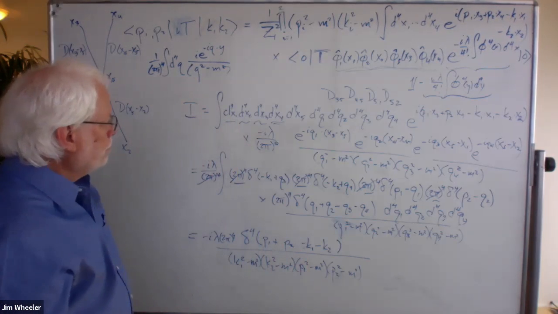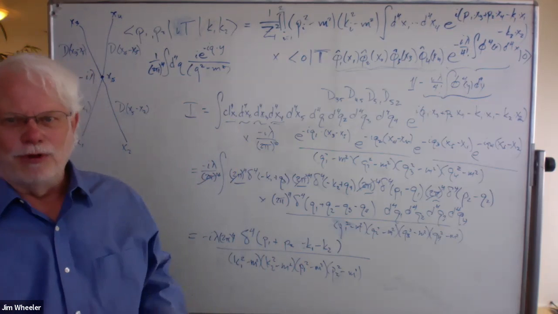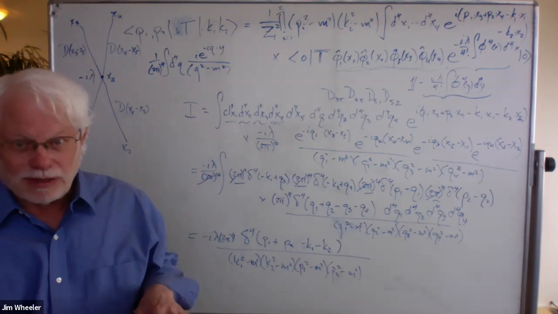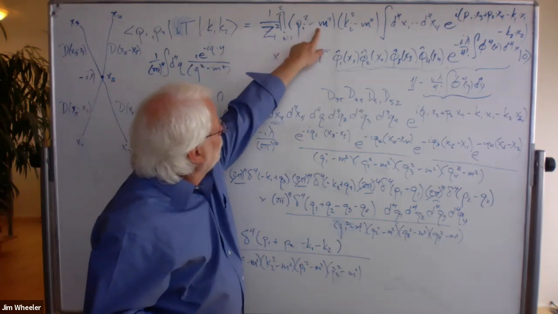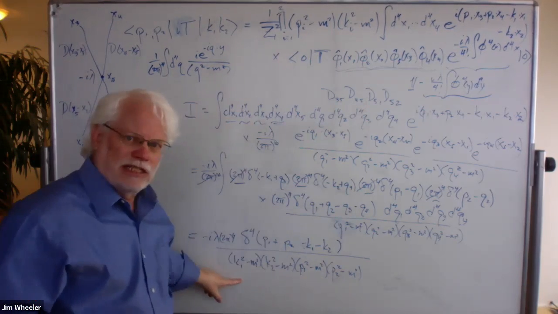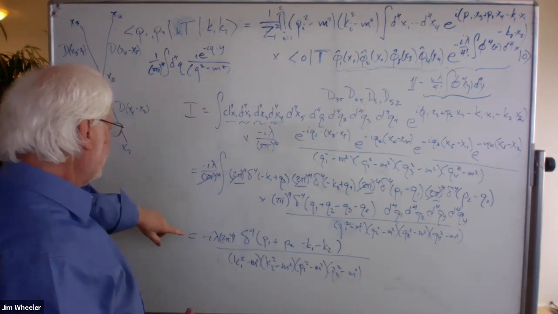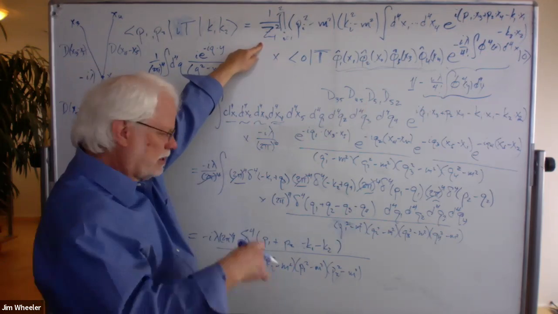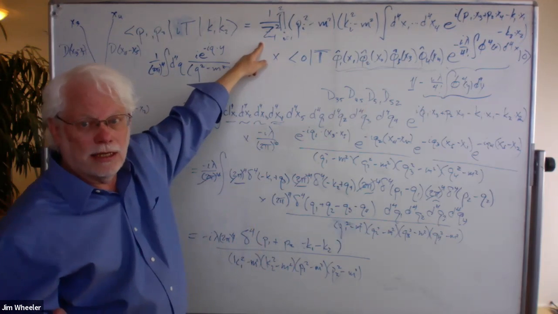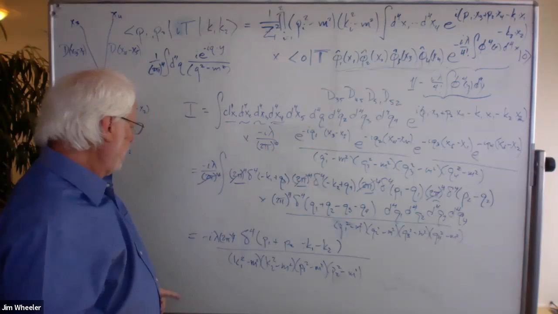Okay, so this does everything you could hope, and it's nice and simple. It won't always be, but this one's nice and simple. Those products exactly cancel these 4 down here, and the thing we're left with is this normalization, which for this case is actually going to be 1, because this doesn't contribute until order lambda squared.